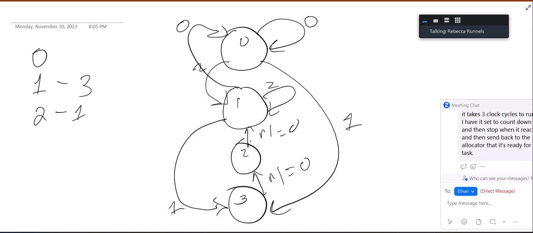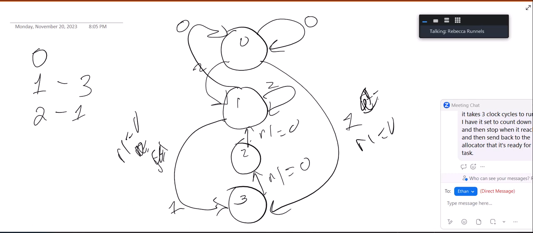R1 would equal 0, it's not ready. Every other time it would be ready on the next clock cycle. This is just your way of extending the clock cycles, right?